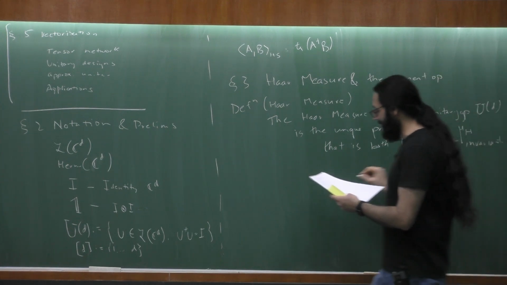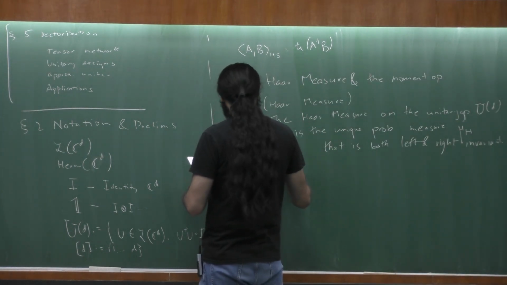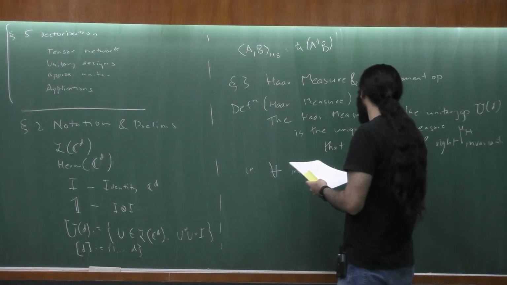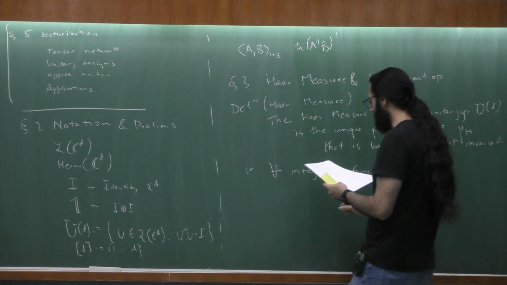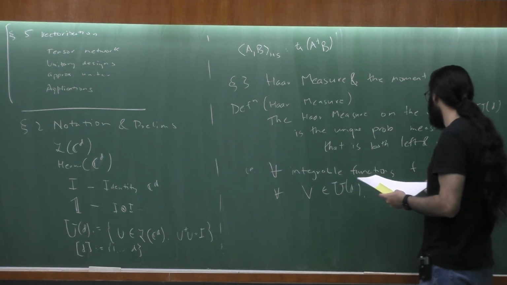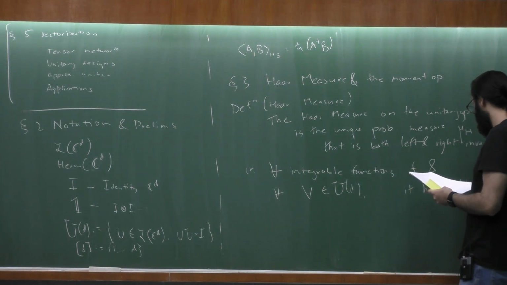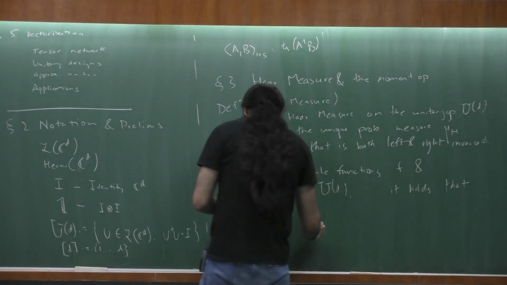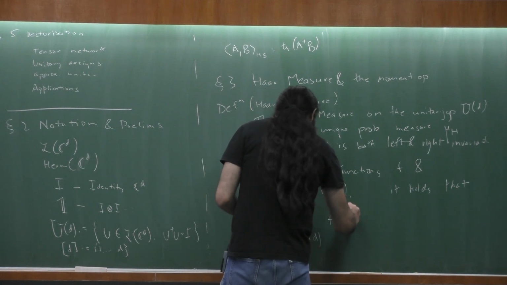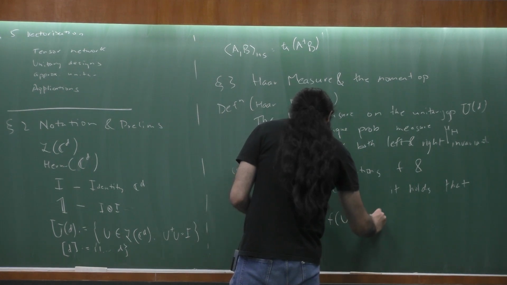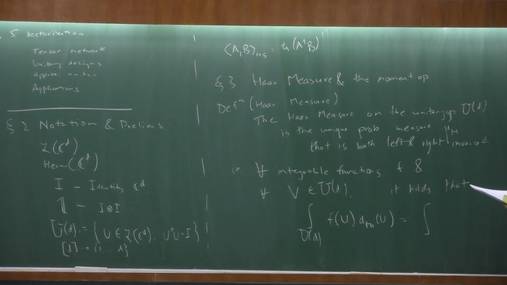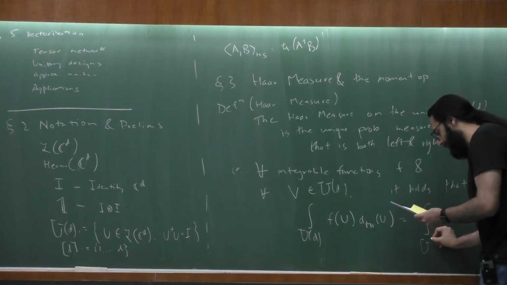And the definition was formally that for all integrable functions f and for all V inside the unitary group U(d), it holds that the integration over the unitary group of f(U) using the Haar measure, so we saw this before. So what would be the left invariant condition?